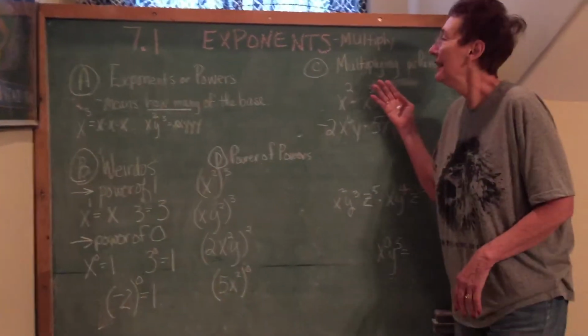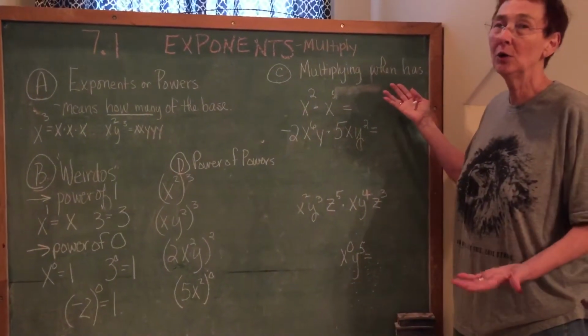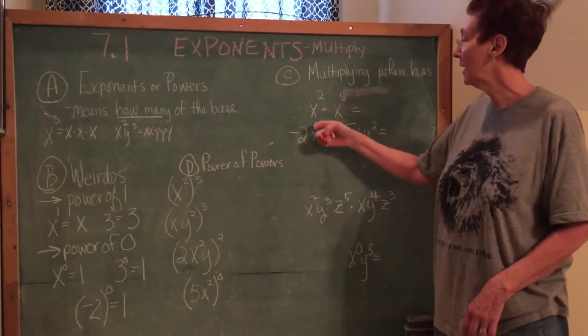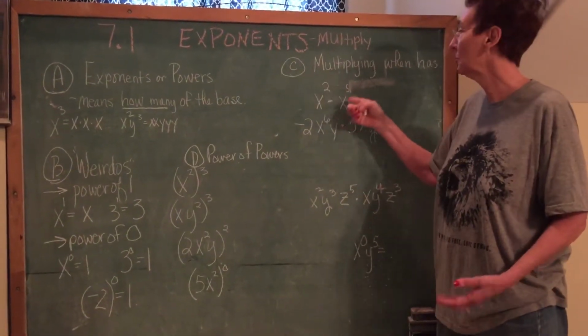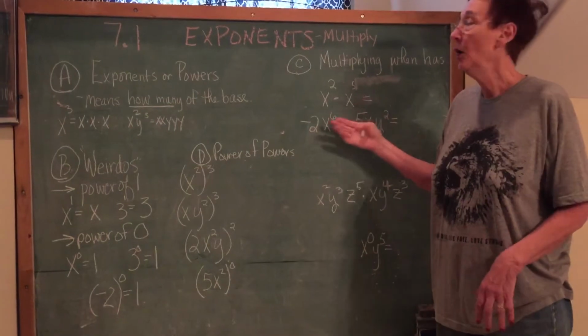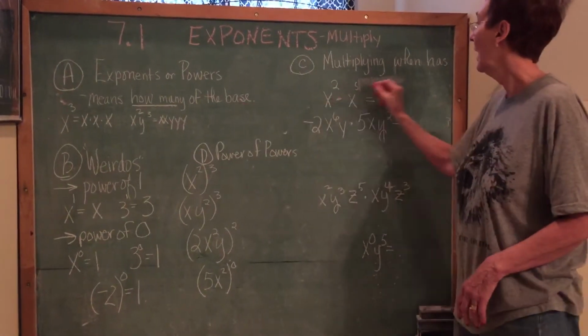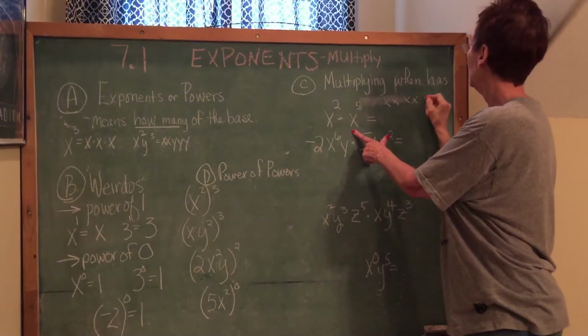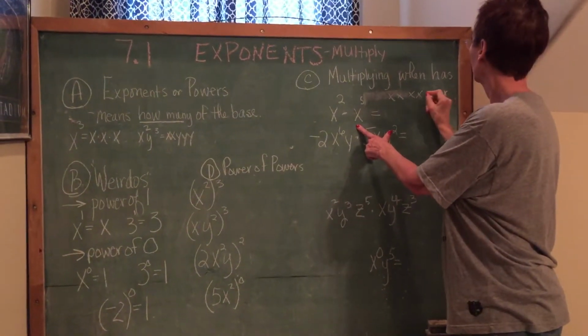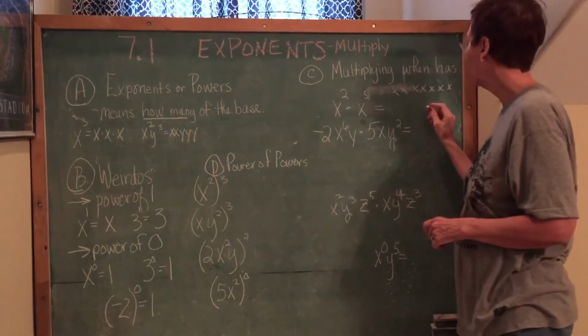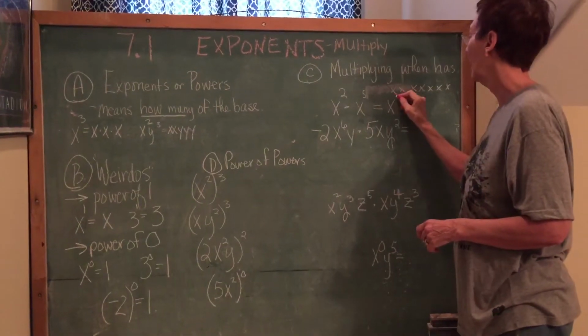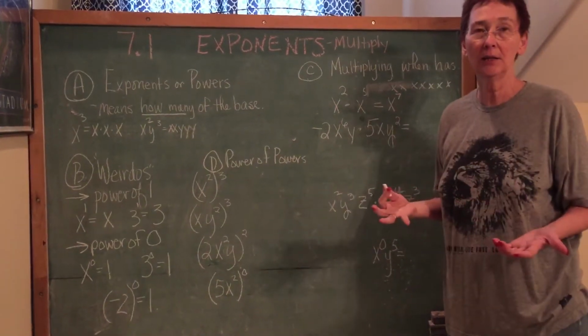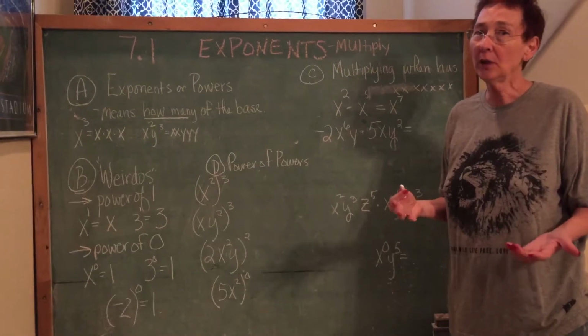All right. Now we're going to talk about how we multiply when I have powers. If you have x to the second and you're multiplying it times x to the fifth, well, if we use the definition, x squared means x times x. x to the fifth would mean that I had 5 x's. So if you put that all together, you're going to end up with x to the 7th. Everybody agree? Well, now there's a shortcut here.